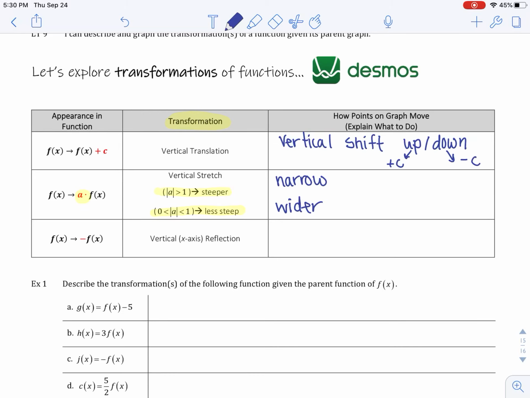To figure out where the new points are going to be, we just take the y-coordinate and multiply it by that number A.